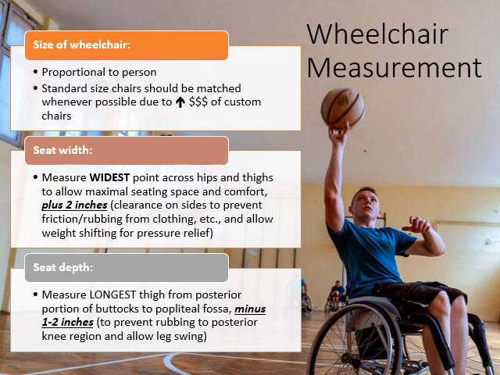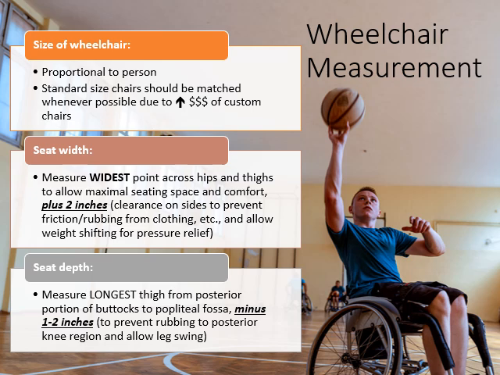I mentioned this earlier in the slideshow. So all the way to the back of the knee, to the popliteal fossa, and we're going to subtract 1 to 2 inches. And that is going to allow for knee flexion and to prevent clothing from bunching up behind the knee and causing a pressure sore, rubbing.